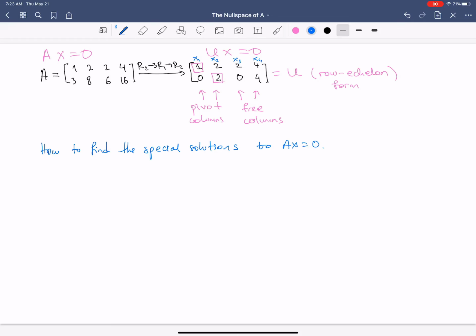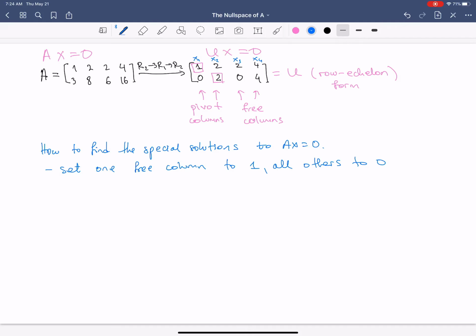So what you do is you set one free column to 1, all others to 0. Now in this case you only have 2, so you do this one at a time.